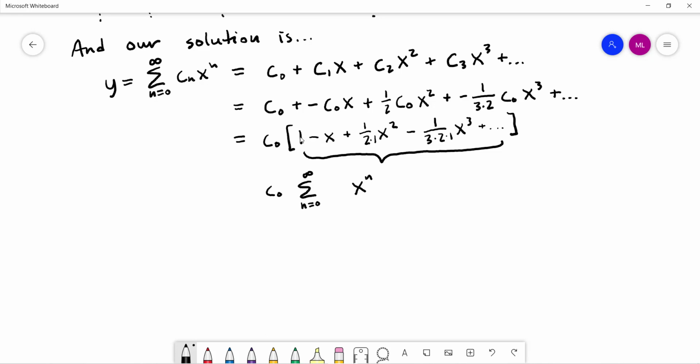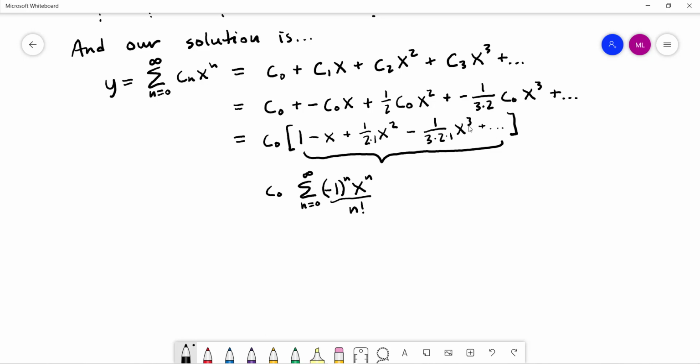Well, it's switching signs each time, so it's really negative 1 to the n, flipping signs each time, and we're also picking up an n factorial in the denominator, right? So the denominator of this one is 1, which is 0 factorial. The denominator of this one is 1, which is 1 factorial. The denominator of this one is 2, which is 2 factorial. The denominator of this is 3 times 2 times 1, which is 3 factorial. The next one will be 4 times 3 times 2 times 1, which is 4 factorial.